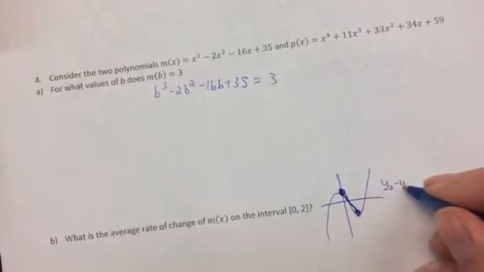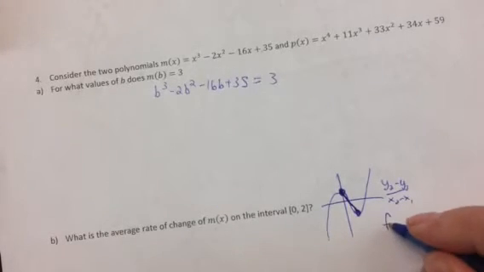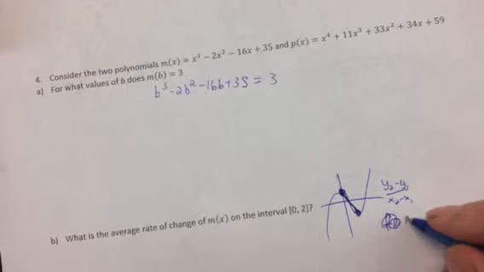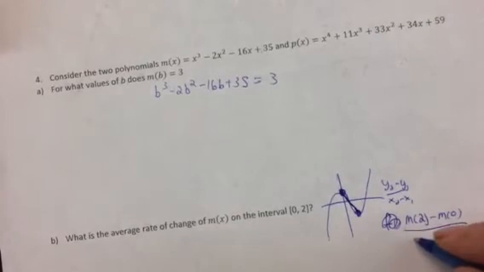That's y2 minus y1 over x2 minus x1 from algebra 1. Or we'll call it m of 2 minus m of 0 divided by 2 minus 0. This is our second y value minus our first y value, over our second x value minus our first x value.